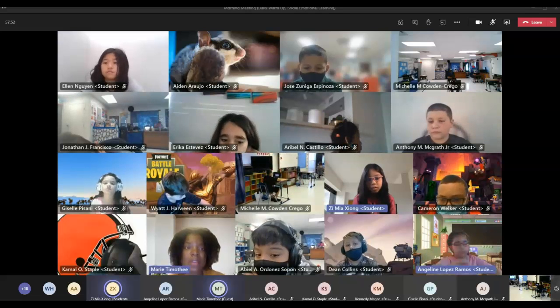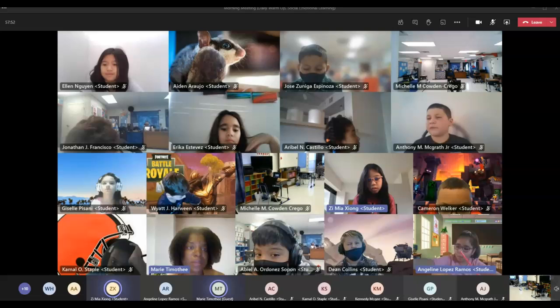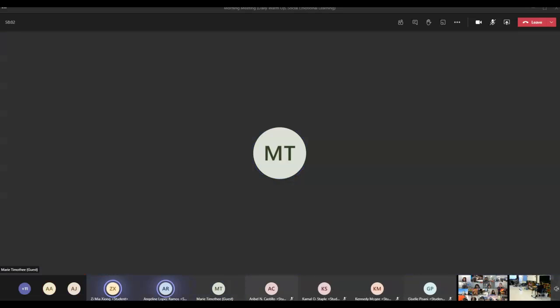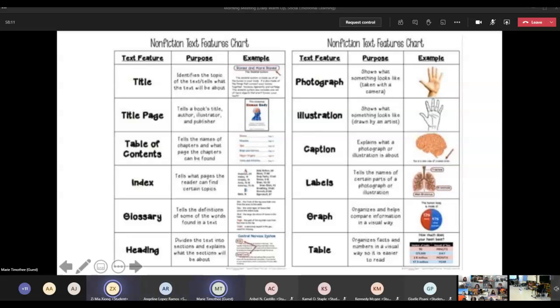When we look at our text features, we see that an index tells what pages the reader can find certain topics in, and a glossary tells the definition of some of the words found in a text. So after we look at the purpose of these two text features, which one would you use to find the definition of a word?